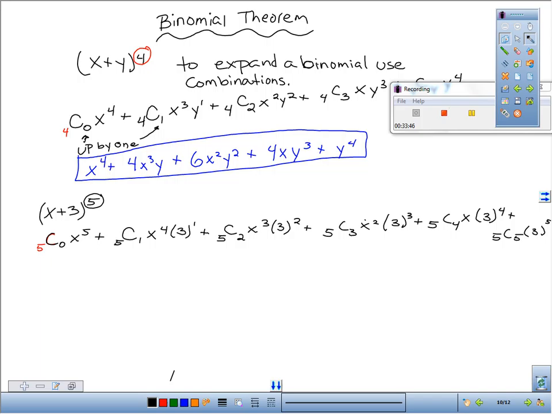Okay, now we have to find the combinations, and we have to do all the powers of 3.